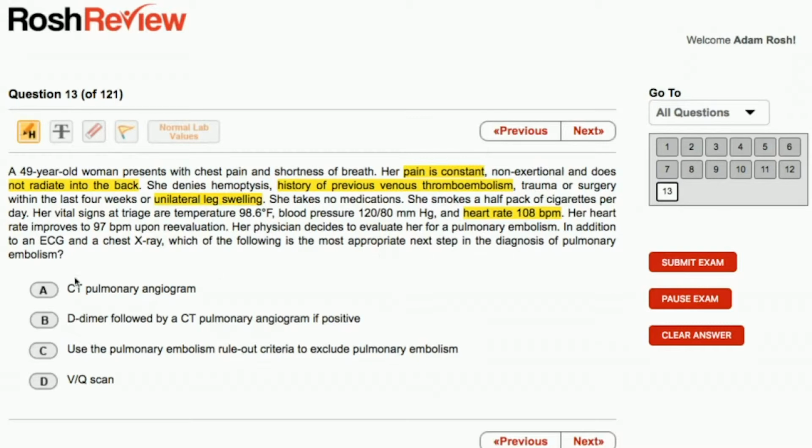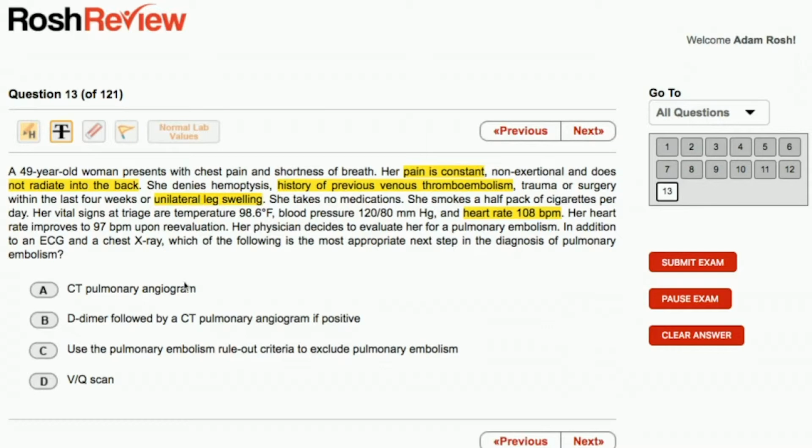Answer choice A is CT pulmonary angiogram. Well, that certainly may be involved in the workup for pulmonary embolism. However, we have something that is maybe a little less invasive. We don't need contrast dye right now, and we don't need to expose this patient to radiation right now.